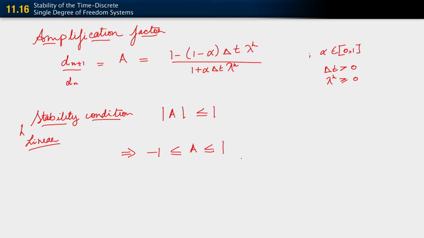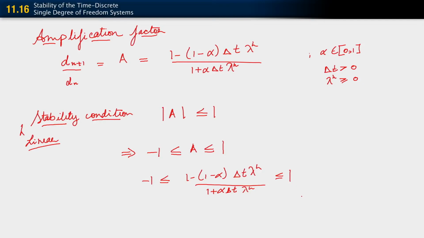So what that means is that -1 is less than or equal to 1 minus alpha delta t lambda h divided by 1 plus alpha delta t lambda h, which is less than or equal to 1.